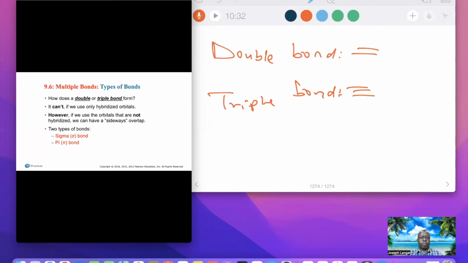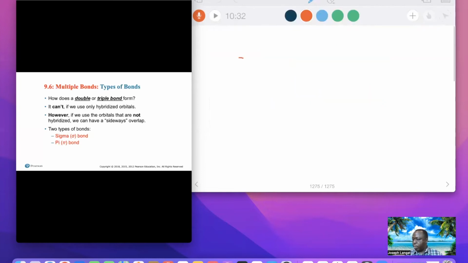There are 2 types of bonds. Sigma, we call this sigma. You may relate to this when we say single bond, it has only 1 line. Sigma bond is always a single bond.